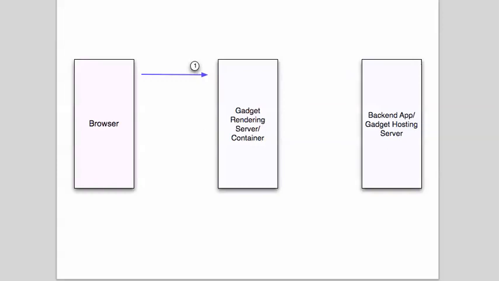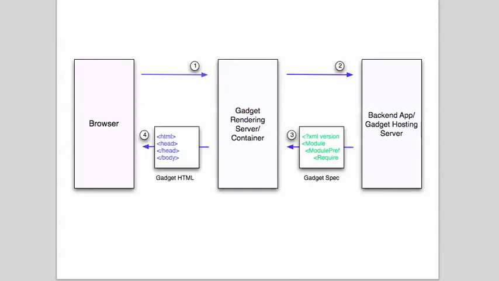When needed, which is when the container hasn't cached the gadget XML, the container asks the gadget hosting server to provide the gadget spec XML. It gets the XML from the gadget hosting server and passes it along to its gadget rendering service, which takes the XML and turns it into HTML. It then hands the HTML back to the client browser, which now can display it in a web page.